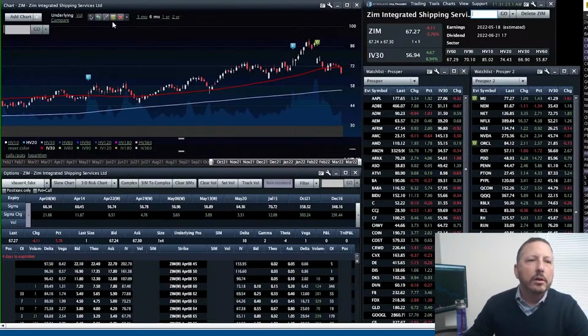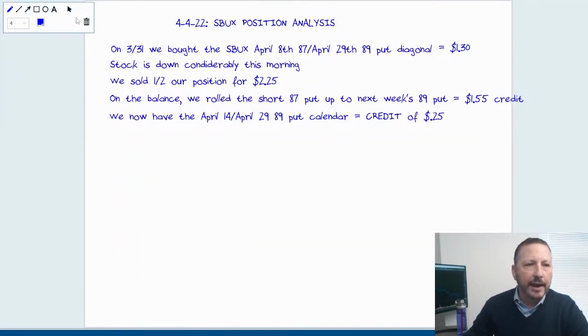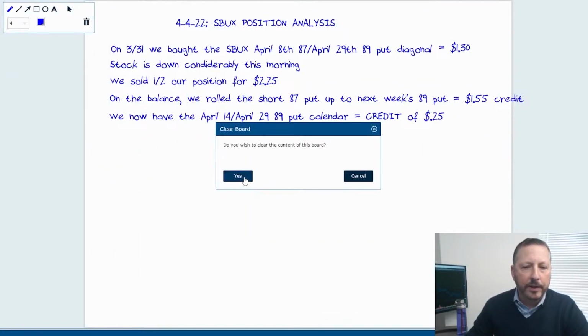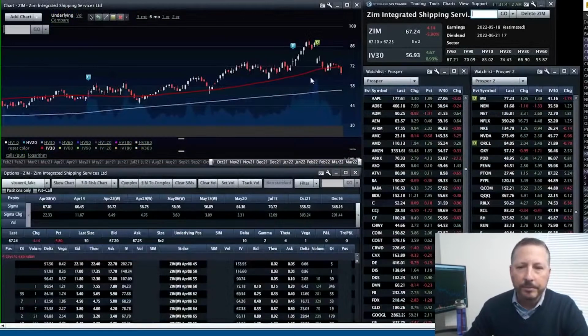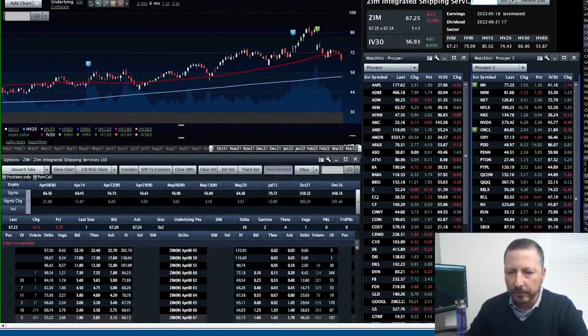So in a long butterfly position, what you're really trying to do is almost hit the bullseye, or kind of pin the tail on the donkey, if you will. What do I mean by that? Well, let's take a look at Tesla here for a second.